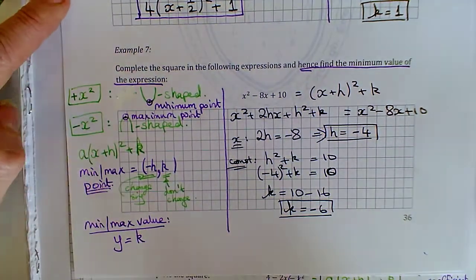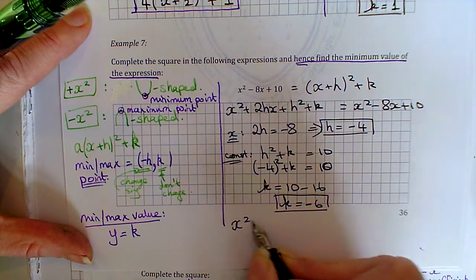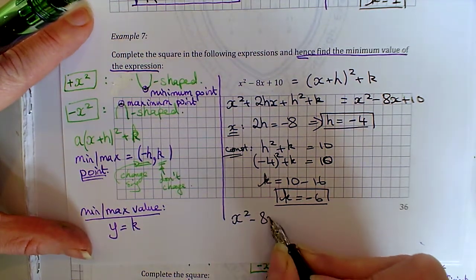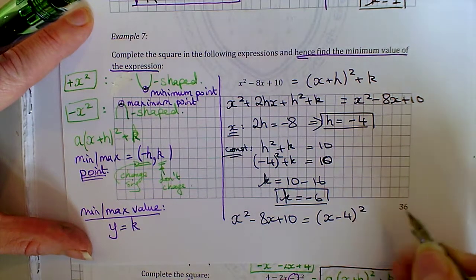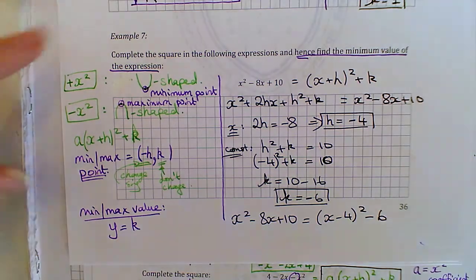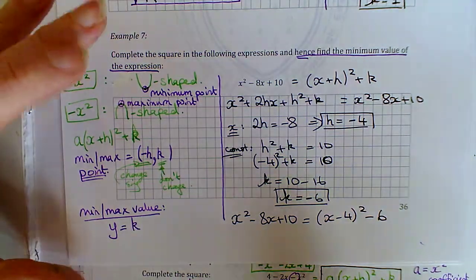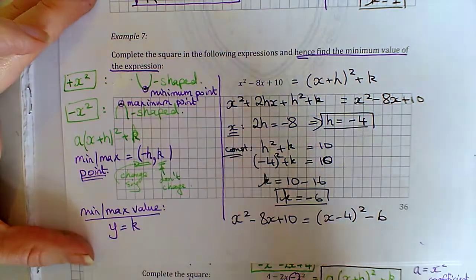I can write down my values straight away, but I should write down my completed square format first. So x squared minus 8x plus 10 can be written as x minus 4 squared minus 6. And based on what I've written down here, it's a positive, so it has a minimum point.